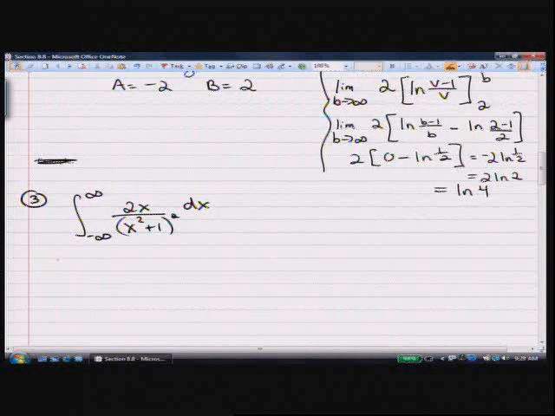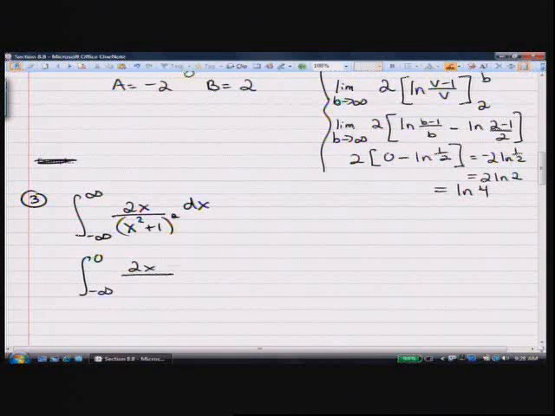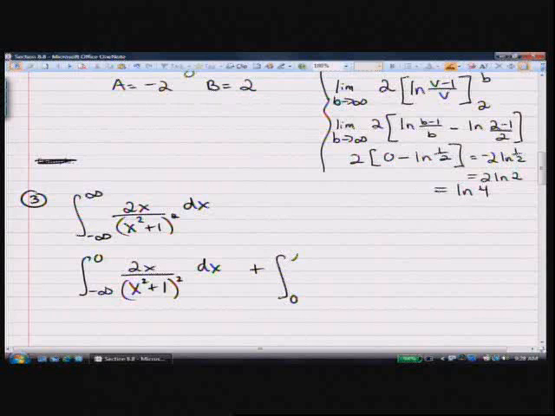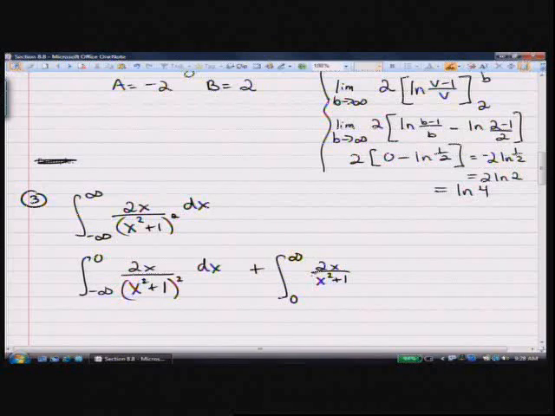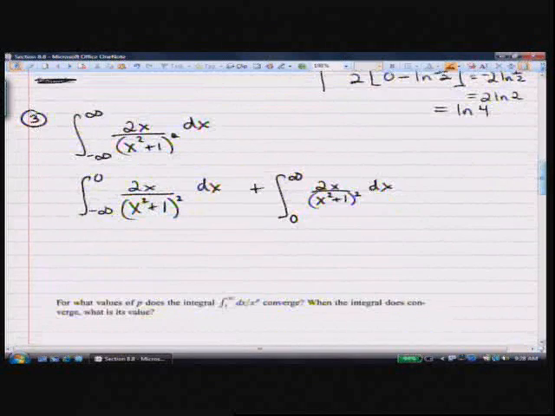You want to split it up some way. The easiest place to split it feels like maybe at 0, right? So we could look at the integral from negative infinity to 0 of 2x over (x squared plus 1) squared, plus the integral from 0 to infinity of 2x over (x squared plus 1) squared. This is a pretty quick little u sub.